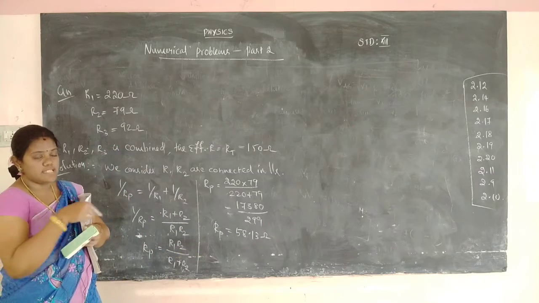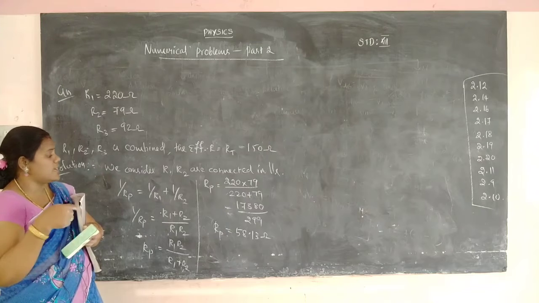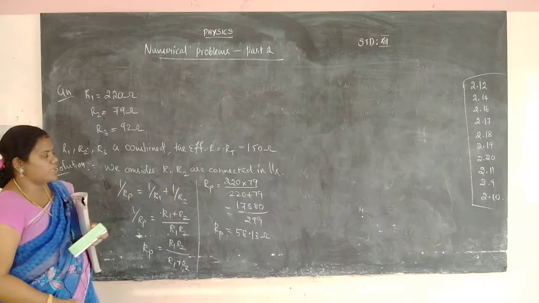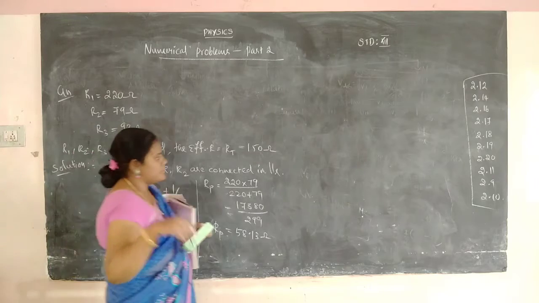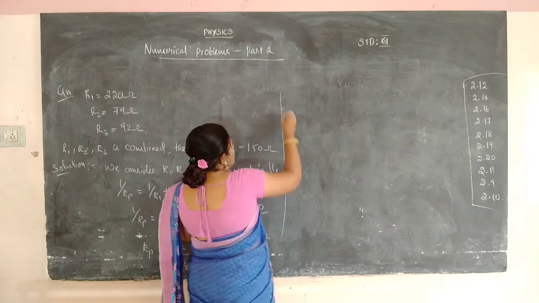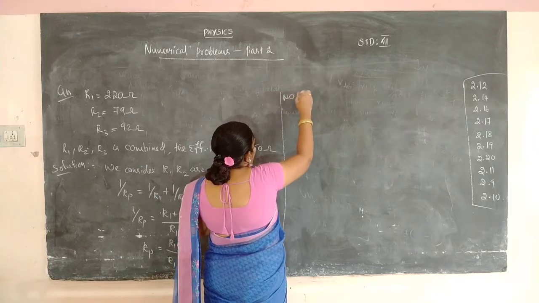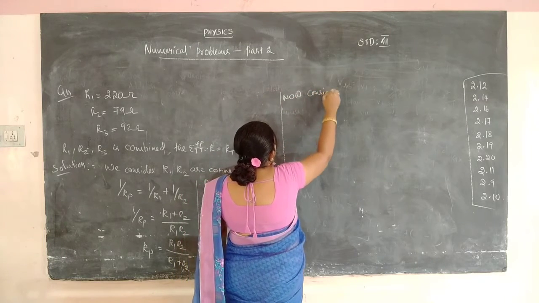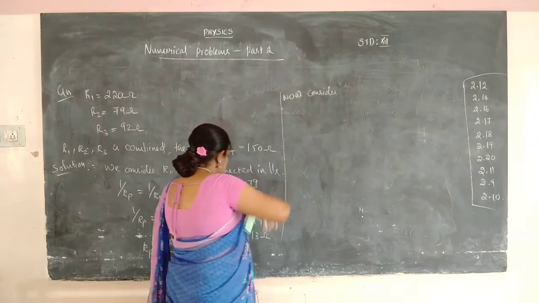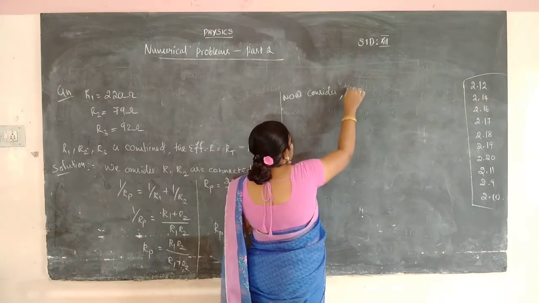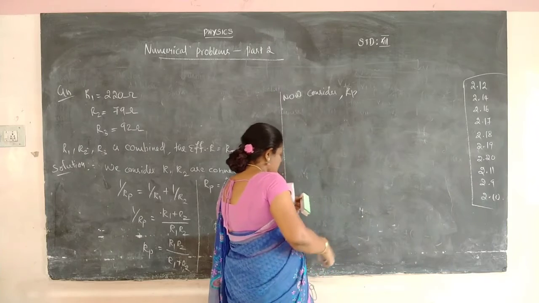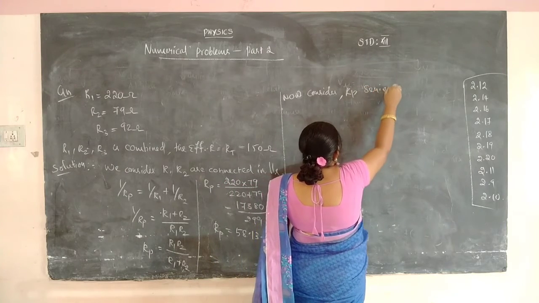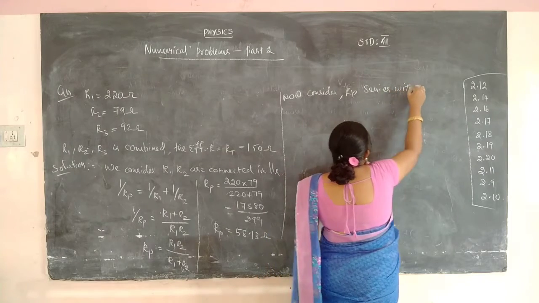Now the resistance RP will be connected in series with the third resistance. Now consider RP in series with R3.